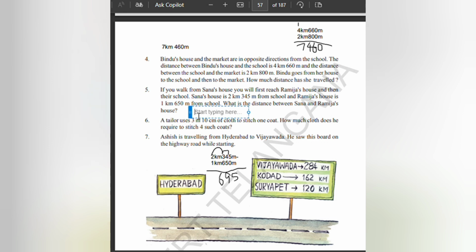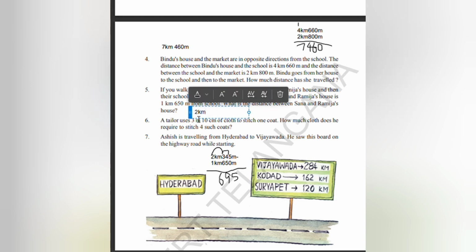Clear. So we can write here 2 kilometer 345 meter minus 1 kilometer 650 meter, that's equal to 695 meter.